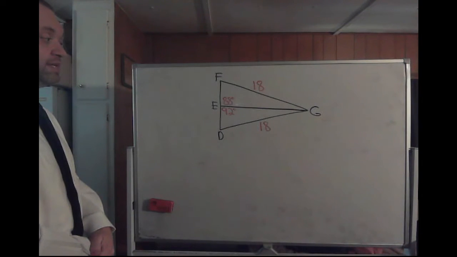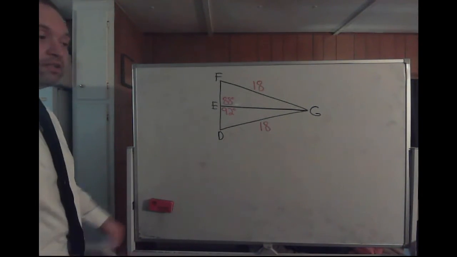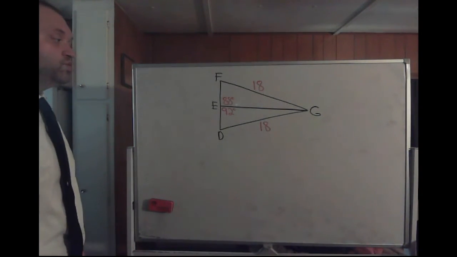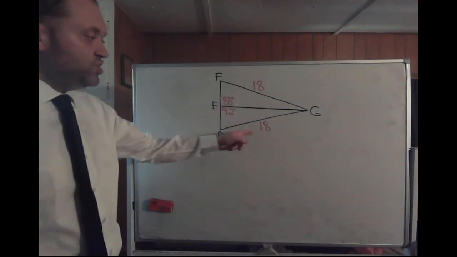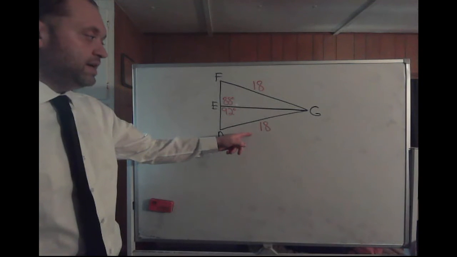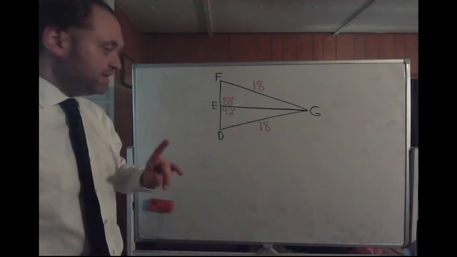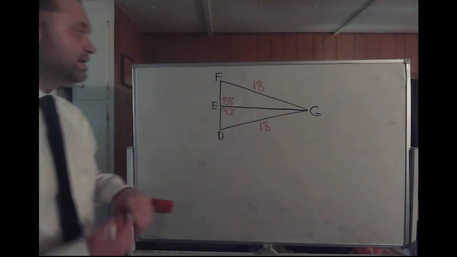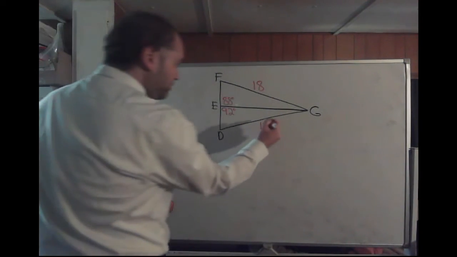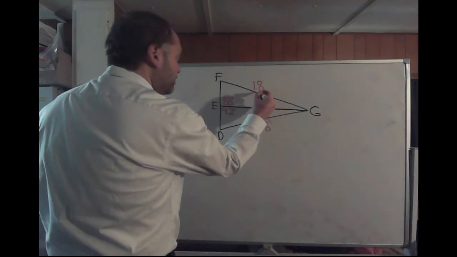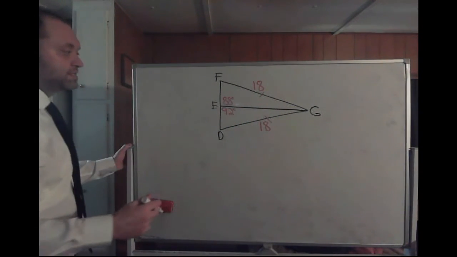Well, the problem is that's not an included angle. That alone is not enough to make a conclusion. But notice how FG and DG both have lengths of 18, right? For just a minute here, we can combine these into one triangle. We'll place congruency markers here on these sides.